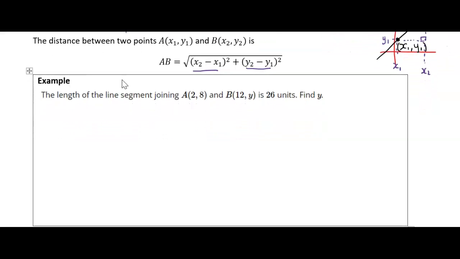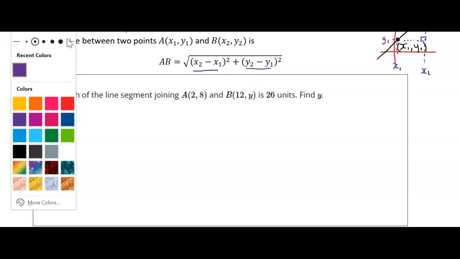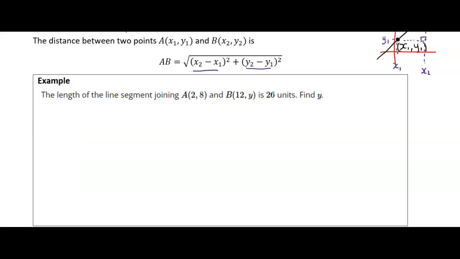So that's where the distance formula comes from. So the good thing is if we can identify the points, it's just a matter of substituting them into a formula. So that's a good thing about formulas. It's just about substitution. Now I did choose a bit of a harder one to do as an example. So for this example, we've got the length of the line segment joining A (2, 8) and B (12, y) is 26.